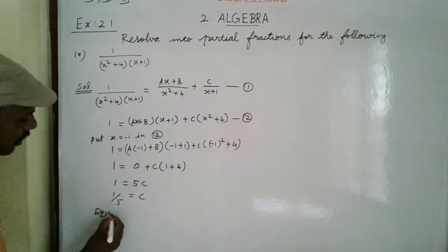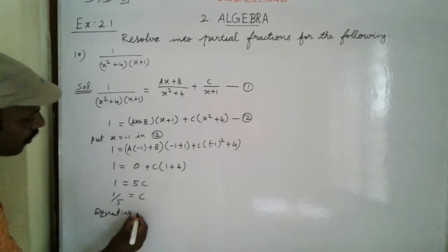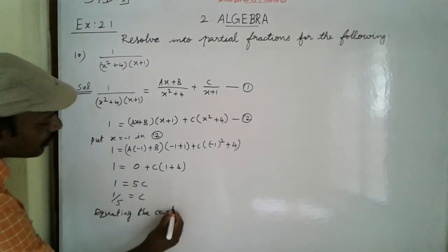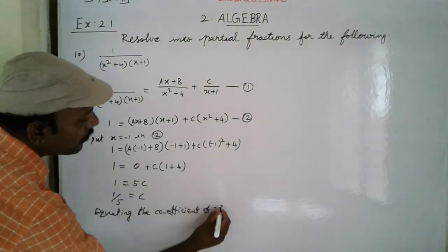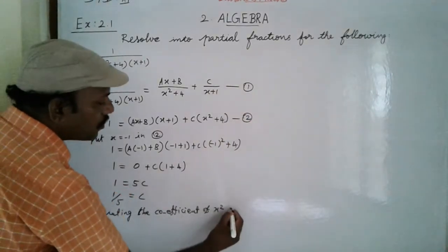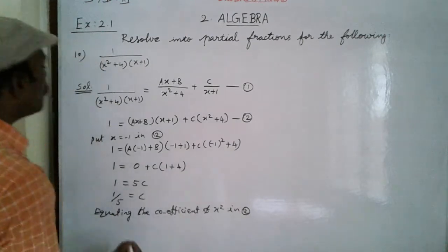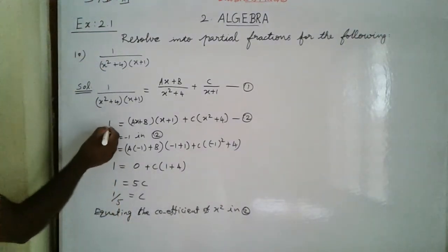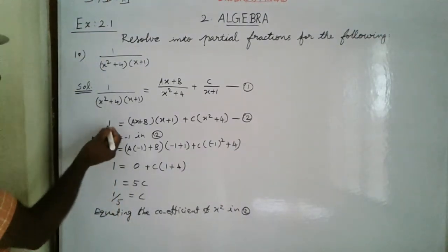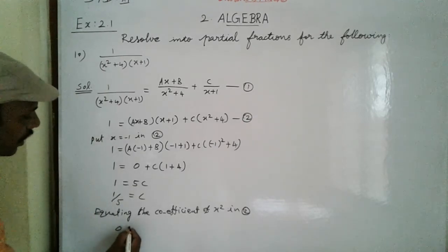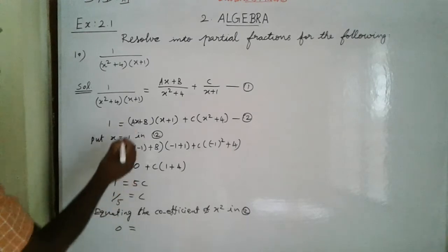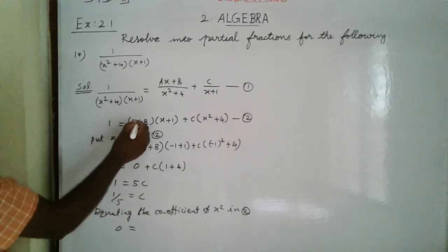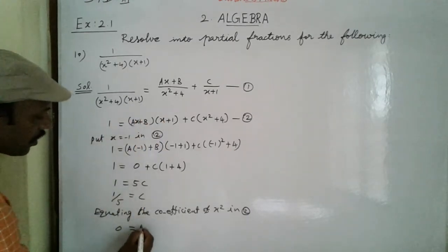Equating the coefficient of x square in the equation number 2. Here only a constant term is given, so there is no x square term, so 0 equal to: x into x is x square, so ax square, the coefficient of x square is a.